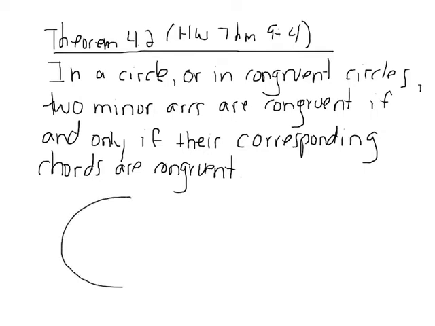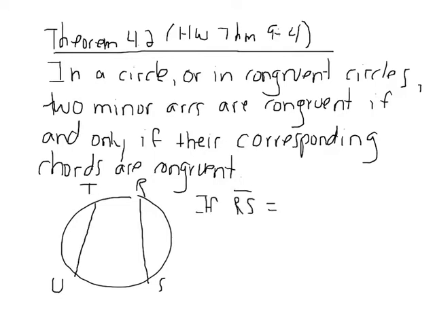So for example, let's say that we had arc RS, and over here we have arc TU. What we're saying is, if segment RS is congruent to segment TU, then arc RS is congruent to arc TU.